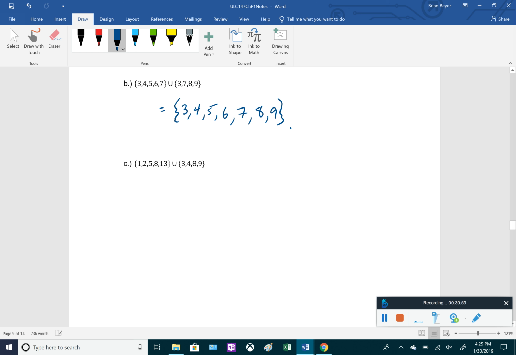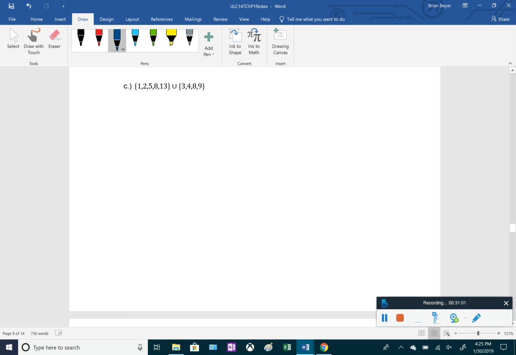And for the last one here, we have 1, 2, 5, 8, 13, union 3, 4, 8, 9. Just copying everything down again, we have 1, 2, 3, 4, 5, 8, 9, 13. So intersection of the sets are what they have in common. The union is joining the sets together. It's everything in both sets.